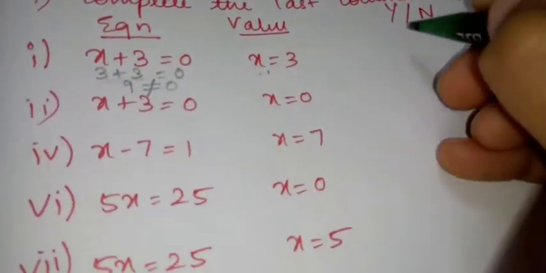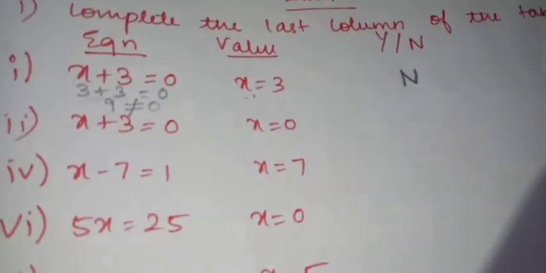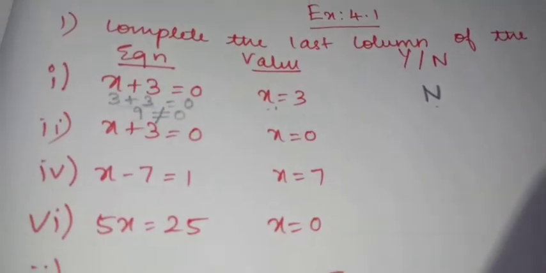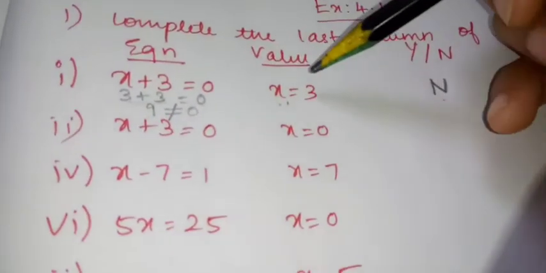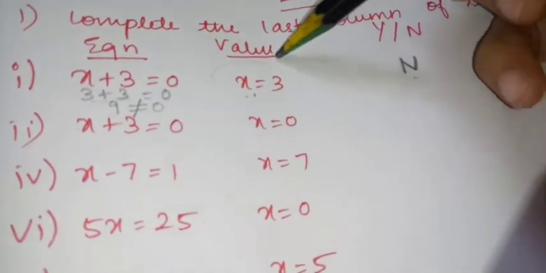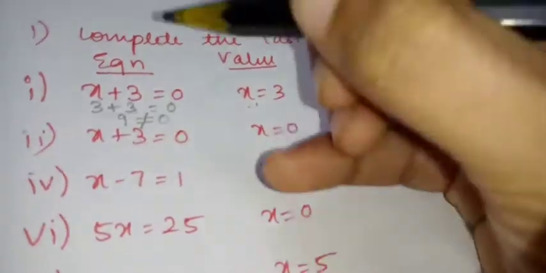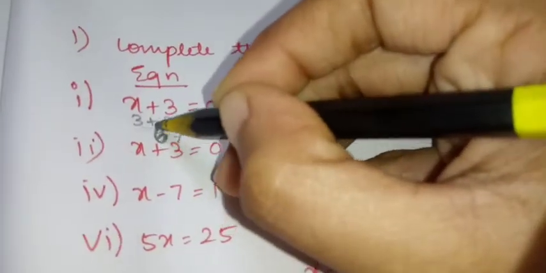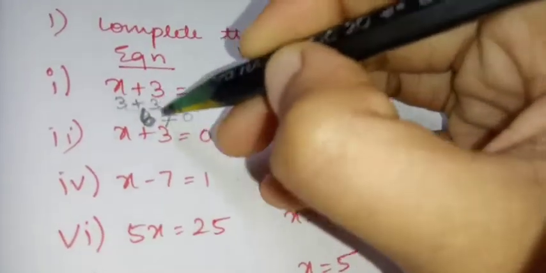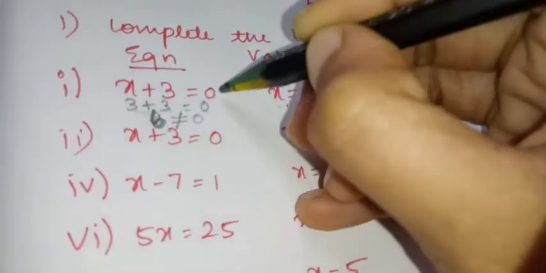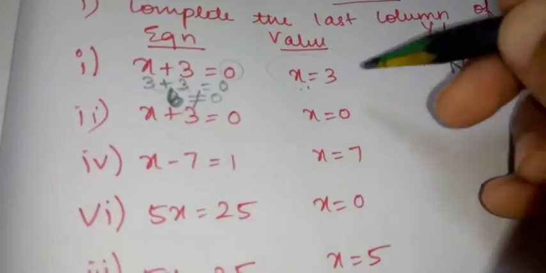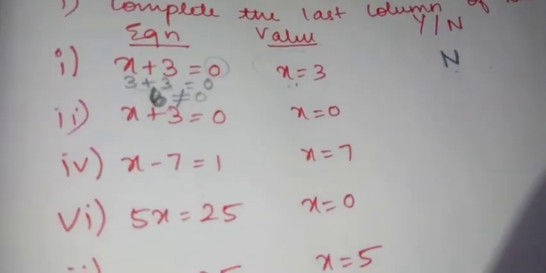So this statement is not satisfied. So you can put no. Okay, listen children, I have substituted the value of x here: 3 plus 3. Sorry, 6, not 9. Sorry children. 3 plus 3 is 6, which is not equal to this RHS. So this is not satisfied.